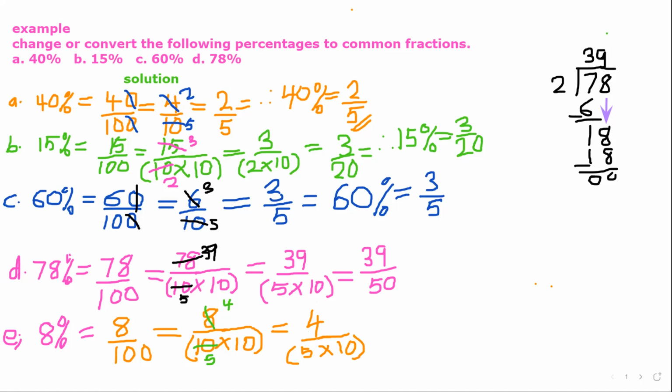Good. I think we can still reduce the 4 with another 10 here. So the 2 goes here, 2, and 2 cancels this 10. 2 cannot cancel the 5, so you move on to this 10. 2 goes here to 5, okay?